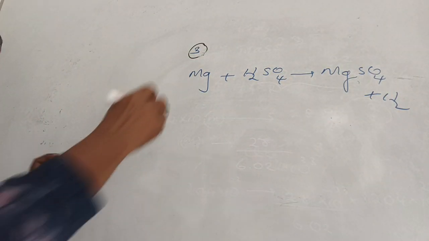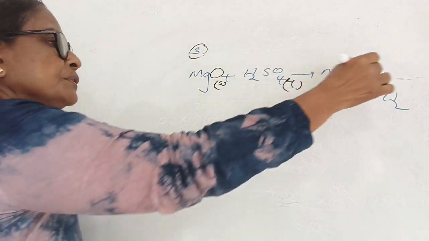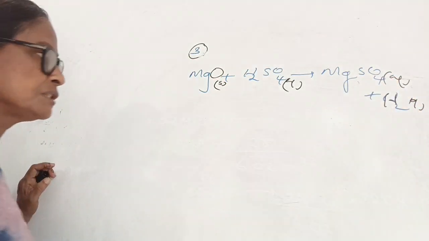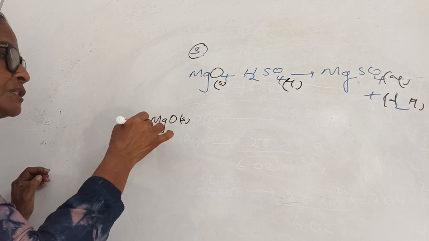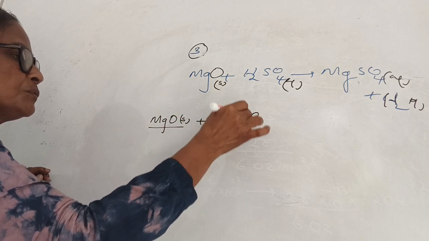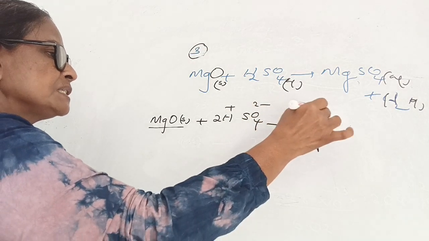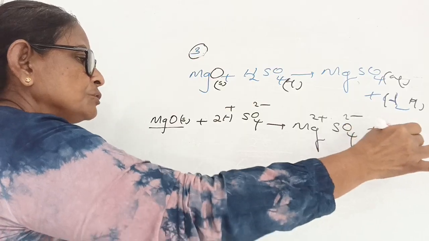MgO, which is a solid, is added to aqueous sulfuric acid, and aqueous magnesium sulfate and gaseous hydrogen are produced. In the ionic equation, we are unable to split the solid MgO, but we can split the H plus and SO4 2 minus ions, which generate Mg2 plus ions and SO4 2 minus together with H2 gas.